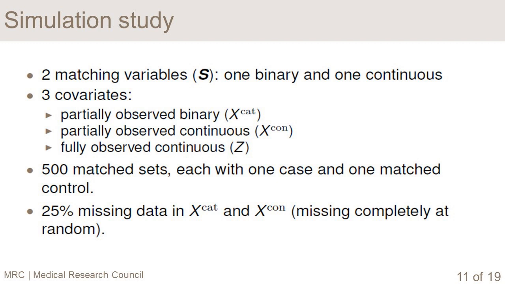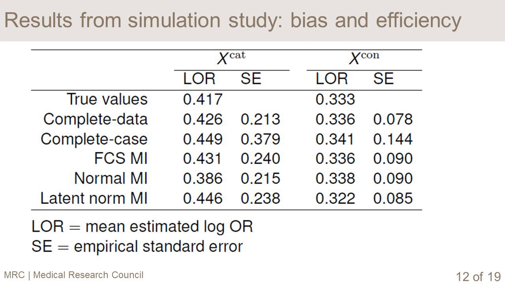Slide number 12, please. So this table shows the results from the simulation study for the log odds ratios of the 2 partially observed covariates. The first row shows that the true values of the log odds ratios are 0.42 and 0.33. The second row are the results from the complete data analysis.